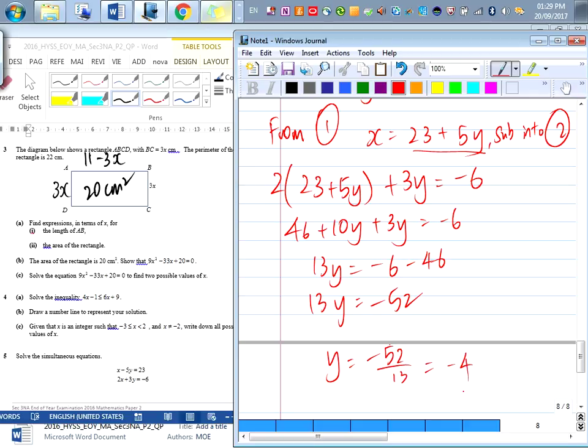Right? And then we also need to find the value of x. So x will be equals to, over here, we had an equation for x. So x will be equals to 23 plus 5 times -4, which is 3.